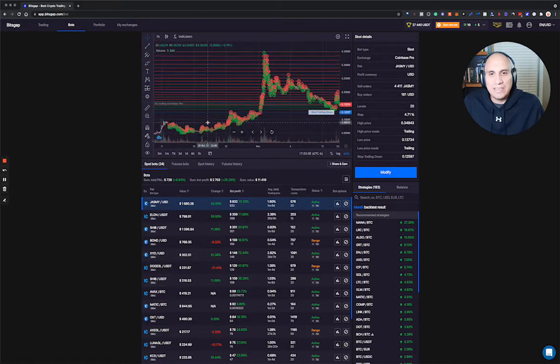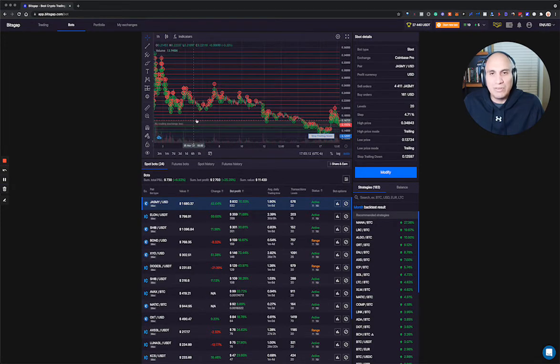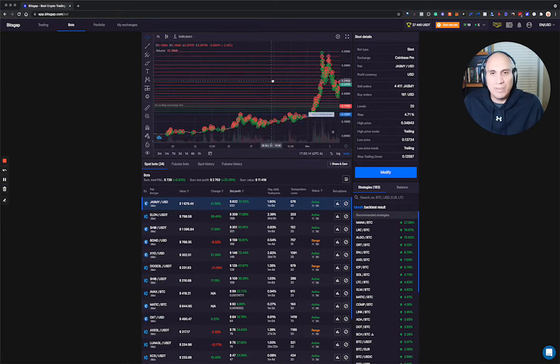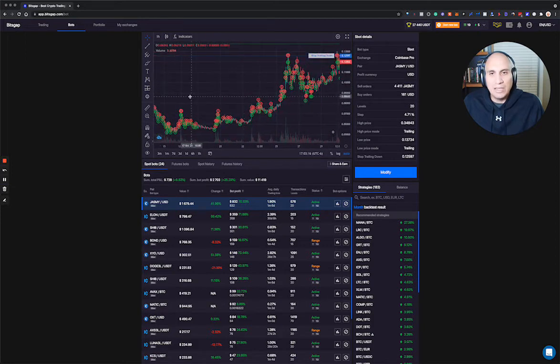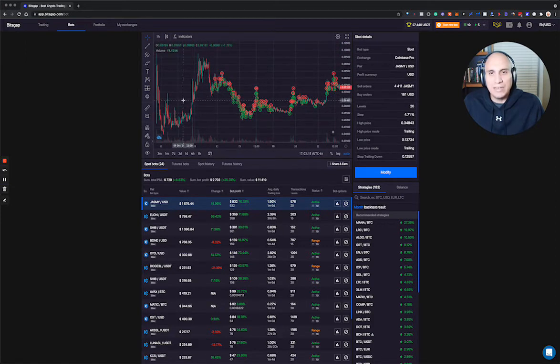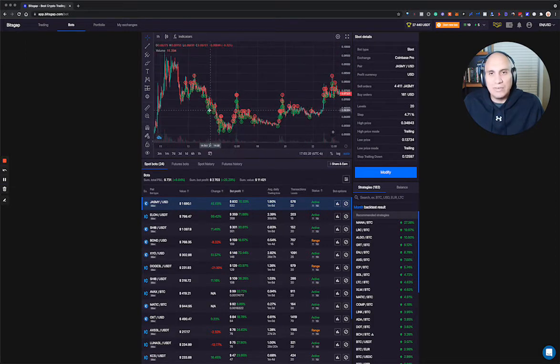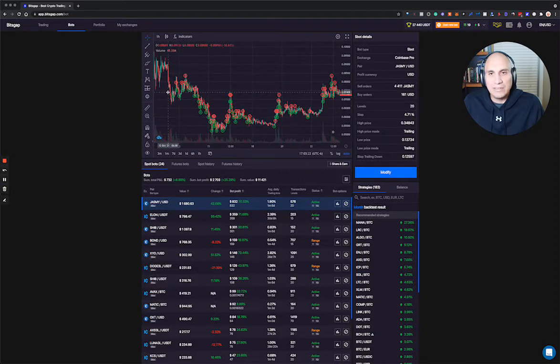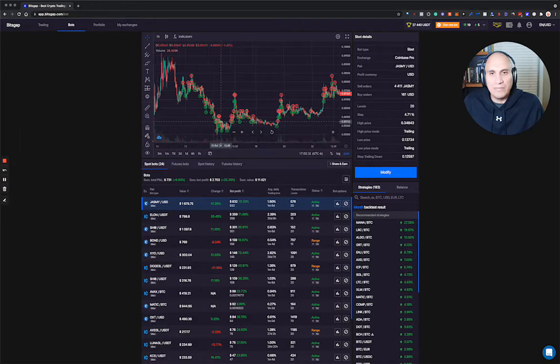And you can see exactly what this bot does. So it's very, very simple. We don't have to overthink the strategy at all. It's basically buy low and sell high within a certain range. So you can see here exactly what it does. You can see it sold down here, and it's buying and selling, and it just keeps doing that over and over, and it follows the chart.